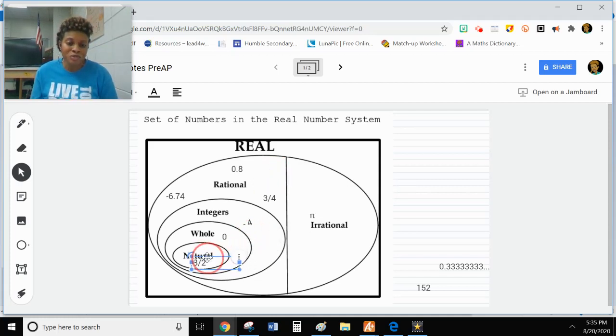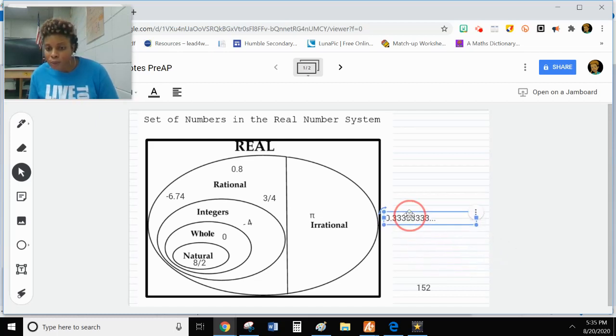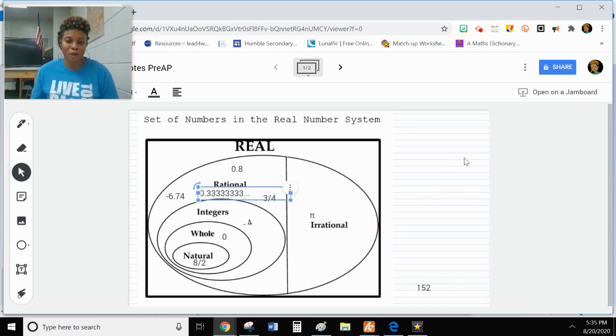So this will be classified as a natural number because 8 divided by 2 is just 4. 0.33333333. It doesn't stop, but it clearly has a pattern, so it's a rational number. And then we have 152. It's a whole number. Can I count up to 152 on my fingers? Eventually, if I keep going, I can. So 152 would be classified as a natural number.